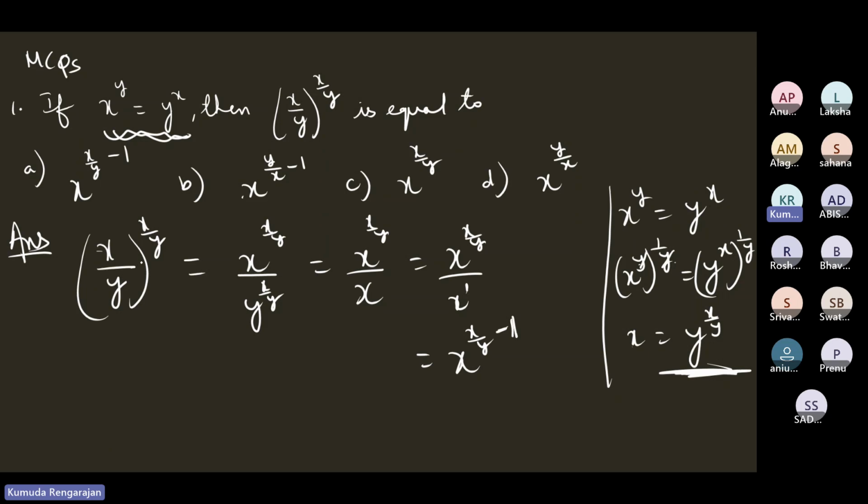So x to the power x by y divided by y to the power x by y. But we know that y to the power x by y is equal to x. So we replace it with x. Now bases are same and it's division, so we subtract the powers. So this is the answer. This is option A.